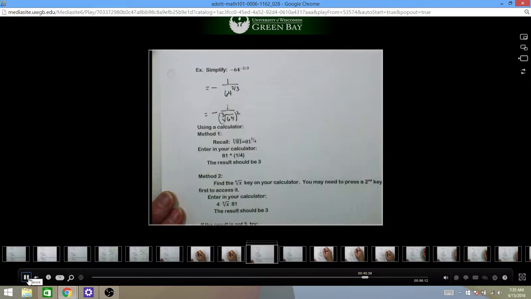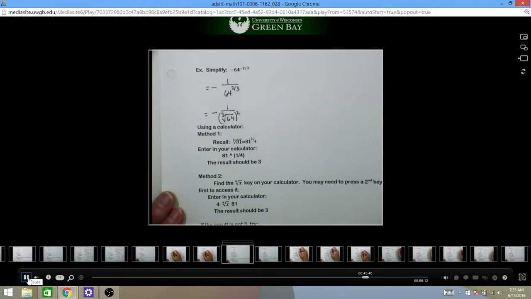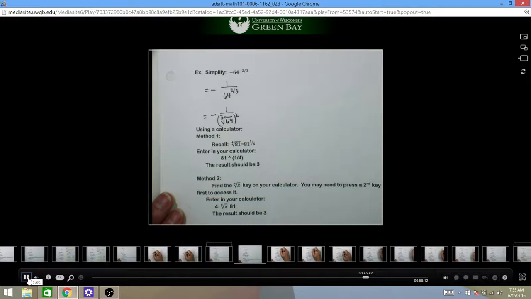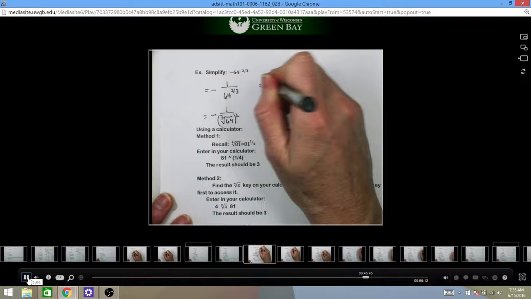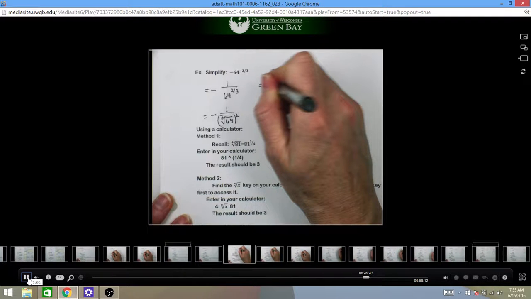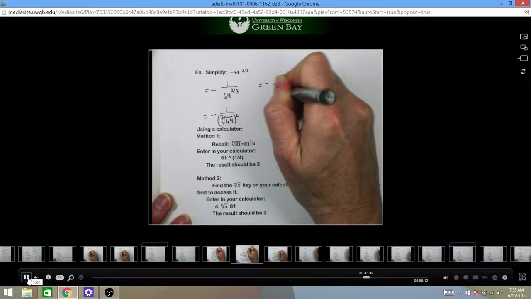So you need the cubed root of 64, and then that value gets squared. Did anybody memorize the cubed root of 64? Go ahead. So you get 4 squared.